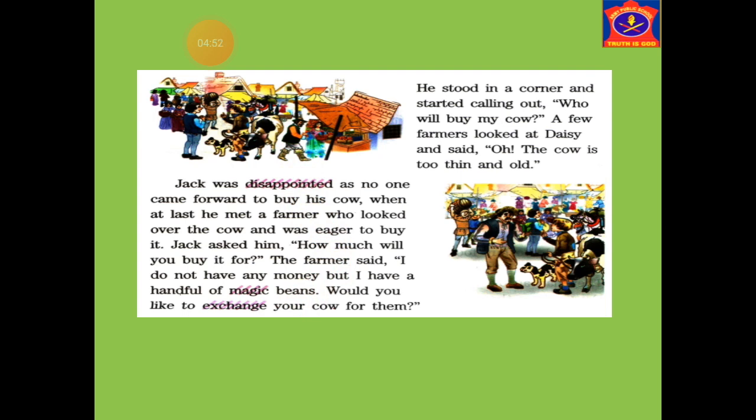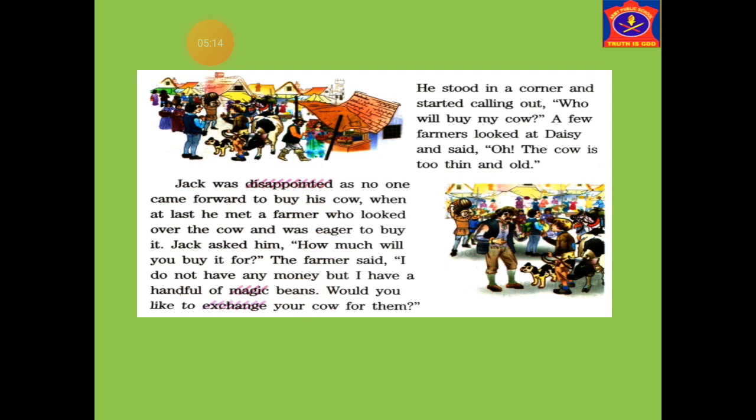So Jack was very sad. He was not happy, he was sad that no one was coming forward to buy his cow. But after some time, he met a farmer who was ready to buy his cow, Daisy. He looked at the cow carefully and then he was willing to buy that cow.